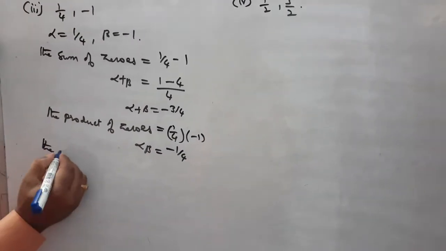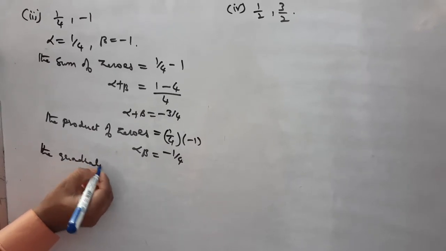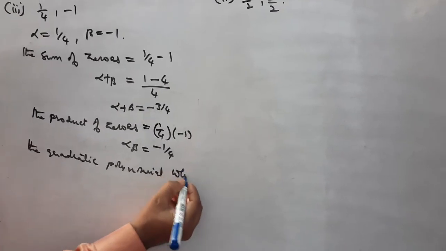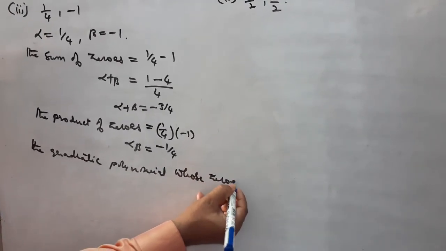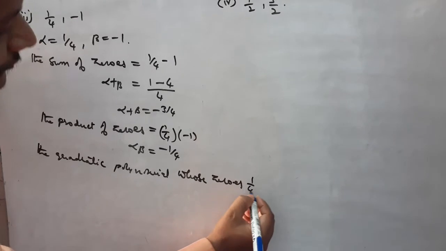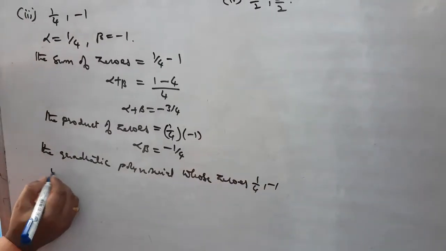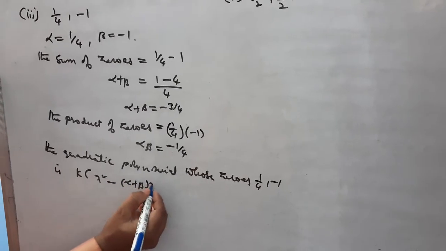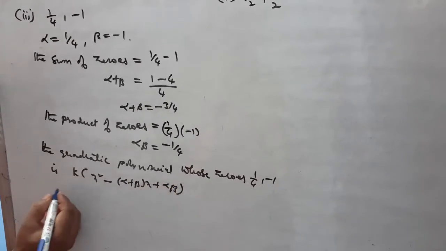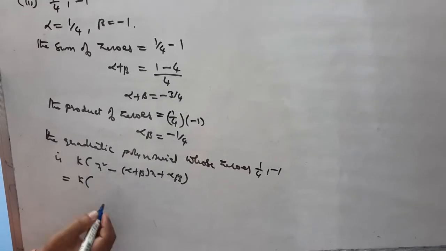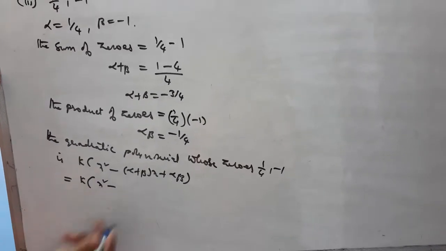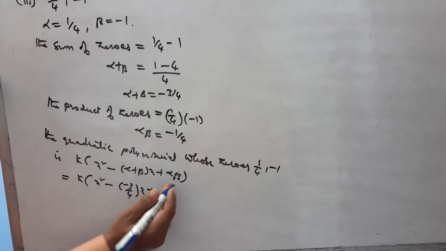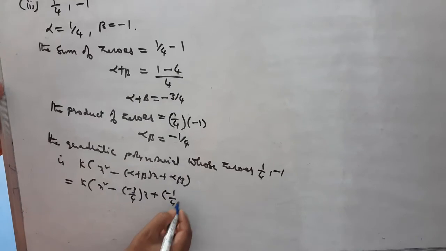So the quadratic polynomial whose zeros 1 by 4 comma minus 1 is k into x square minus (alpha plus beta) into x plus alpha beta, that is equal to k into x square minus (minus 3 by 4) into x plus (minus 1 by 4).